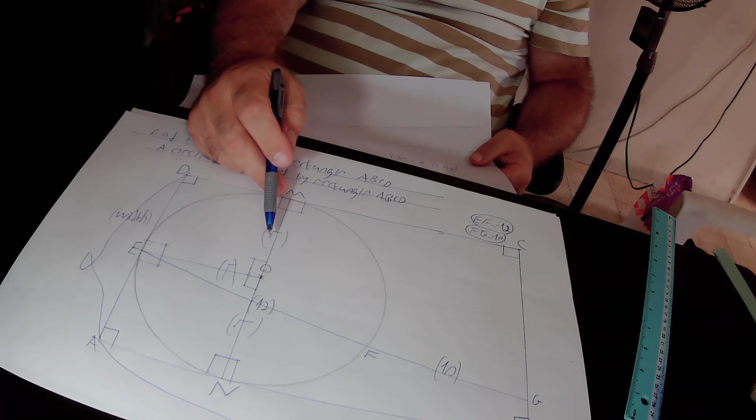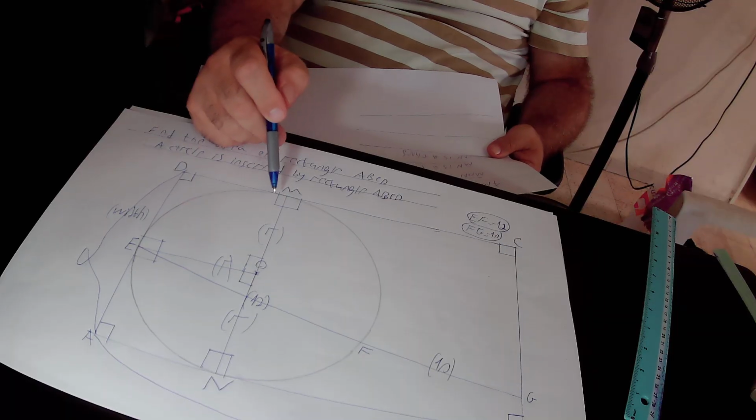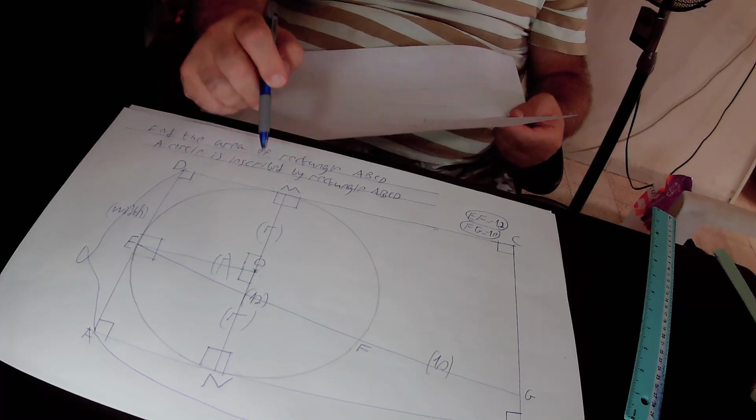And we know that any chord that passes through the center of the circle must be the diameter of the circle. Therefore, MN is the diameter of the circle.